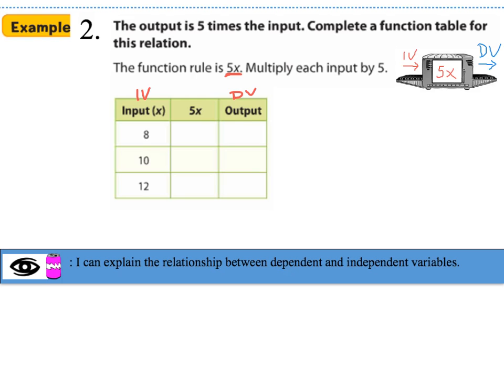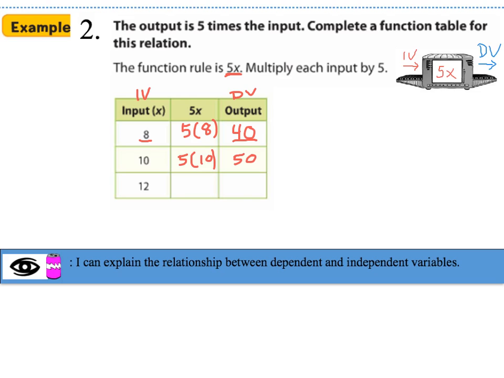So I'm going to take the input variable, like 8, and I'm going to plug it into the machine. So 5 times 8. Once I do the math, the output value becomes 40. Notice the value 40 depended on the input value. Let's take the next number, like 10. 5 times 10, plug it into the machine, so 5 times 10 becomes 50.